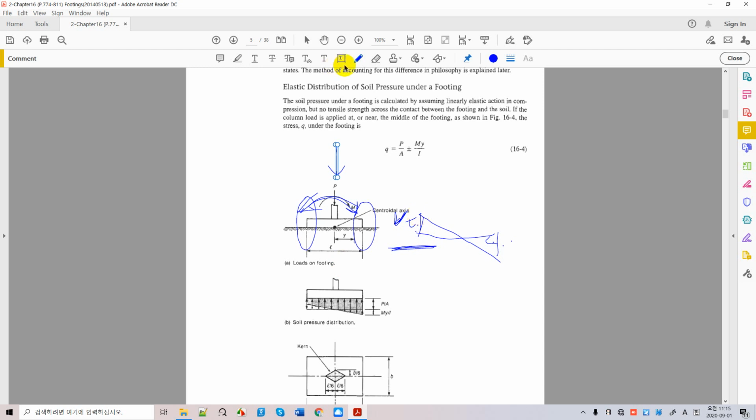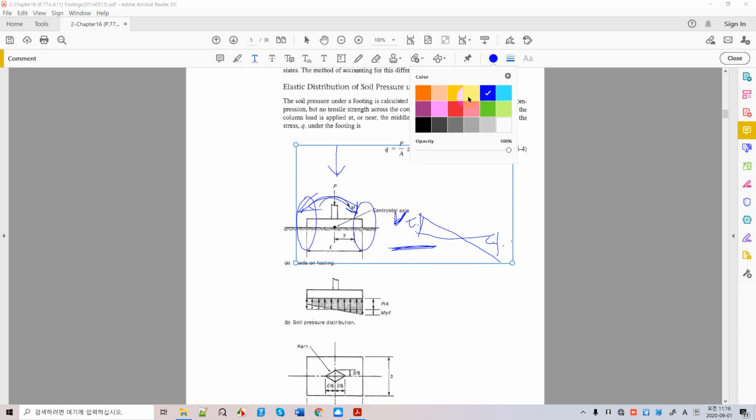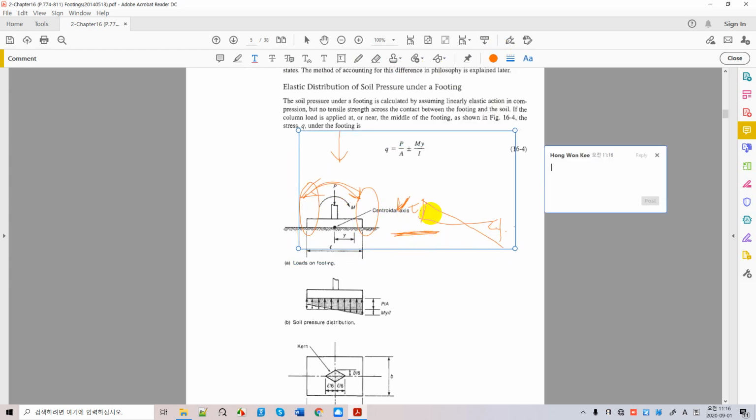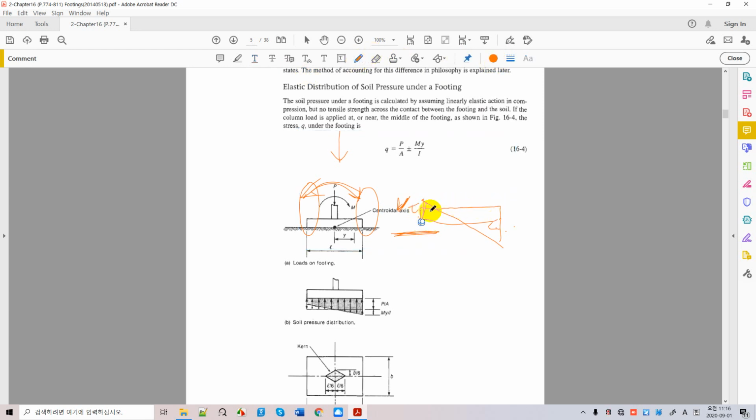Here, I'm going to change the color. Okay, you may have a vertical force here. Accordingly, you have a compression block.